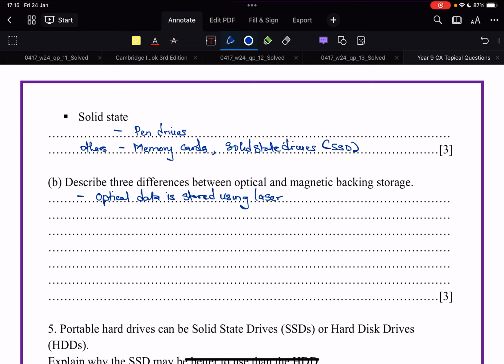So optical data is stored using laser, whereas magnetic data is stored using magnetic field.